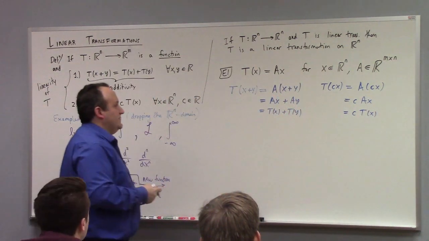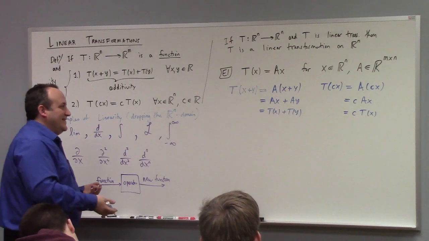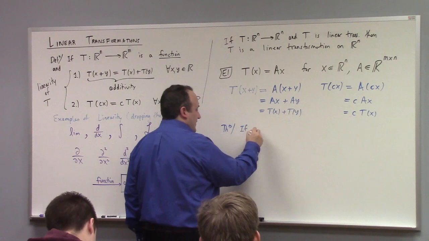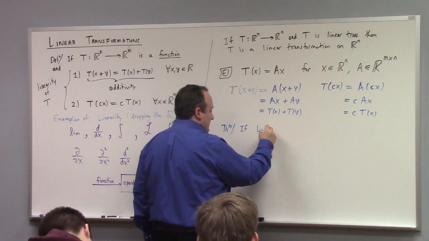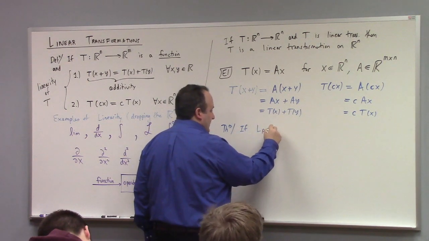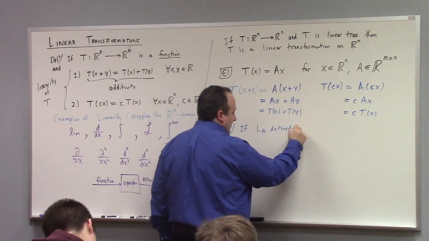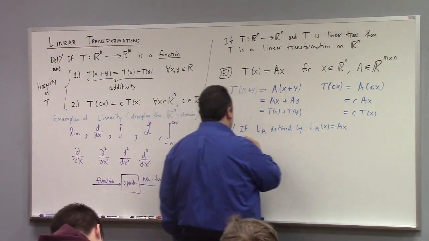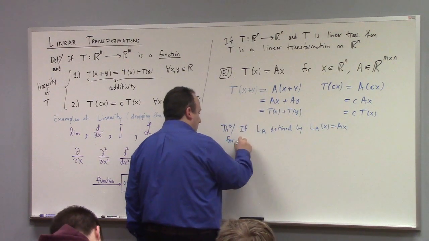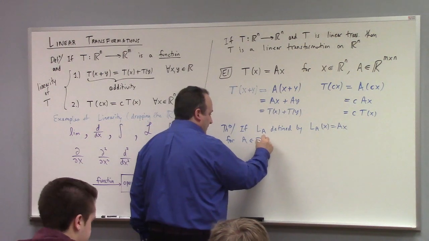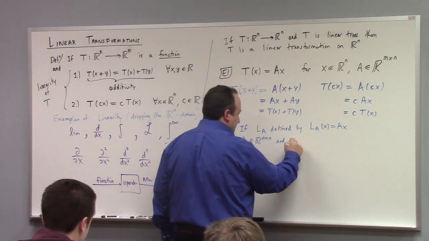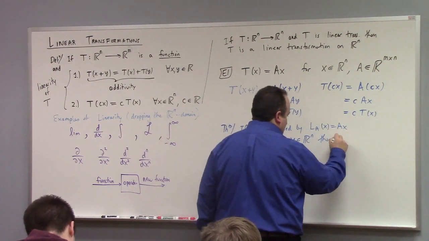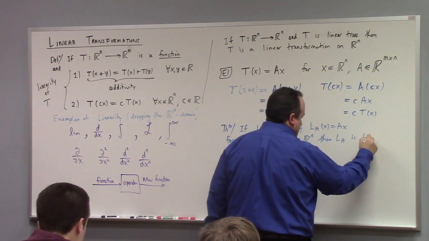All right. So I said this was an example, but the truth of the matter is this is really a theorem, right? Theorem. If we have L sub A defined by L sub A of x is equal to Ax for A in Rm by n and x in Rn, then L sub A is a linear transformation.